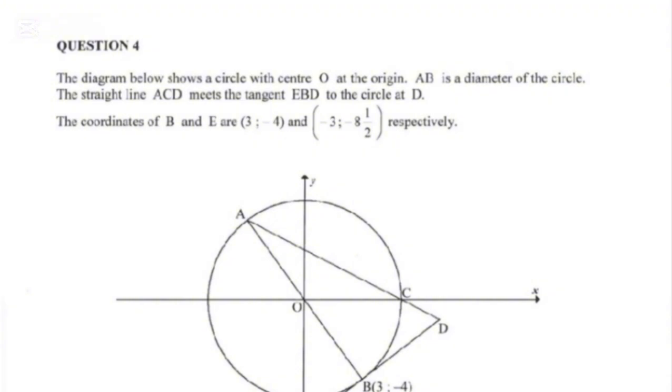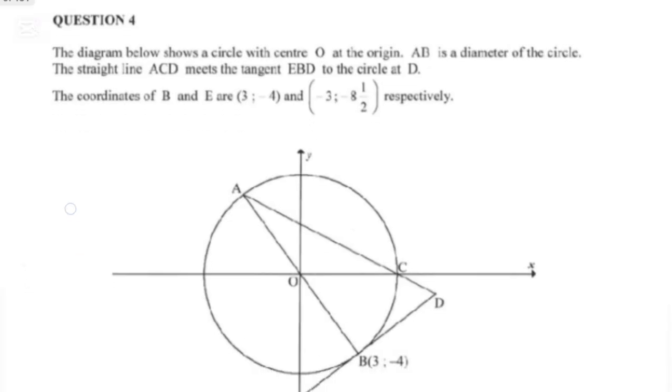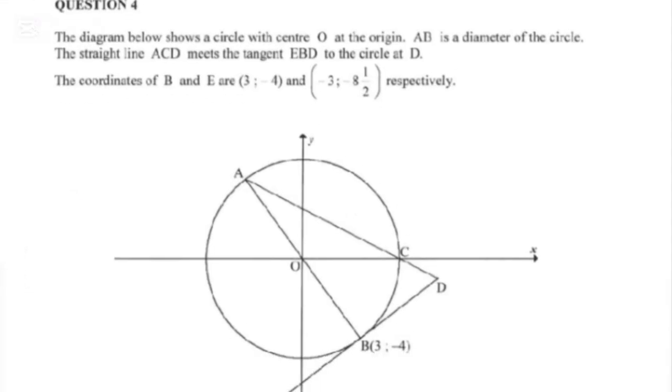Question 4. The diagram below shows a circle with center O at the origin. AB is the diameter of the circle.